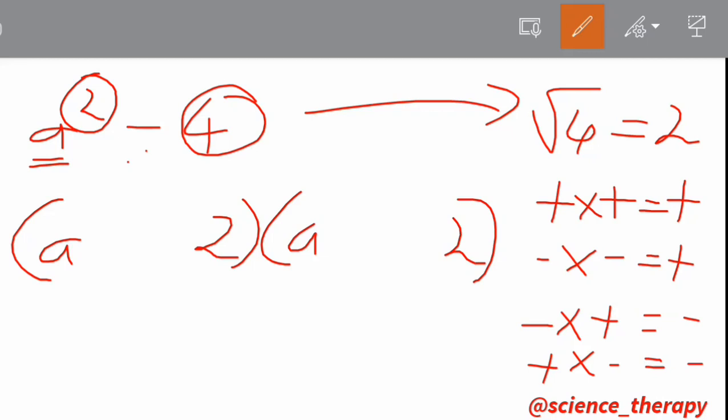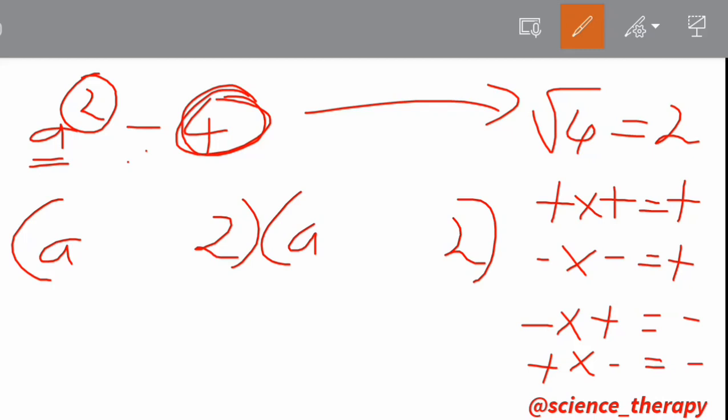So because the last term here is negative, how are we going to ensure that it is negative for these numbers, right? So now we want to find out what signs we should put in each of these brackets so that the product is negative 4.